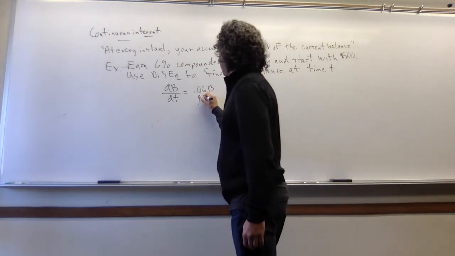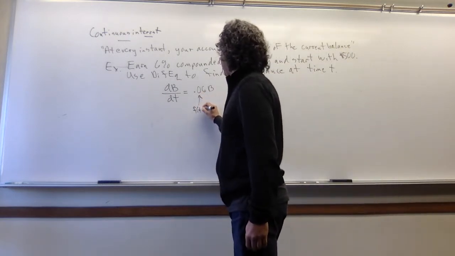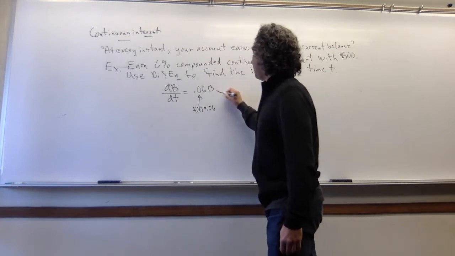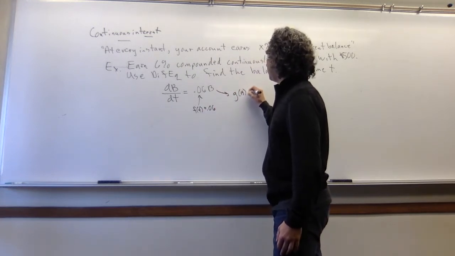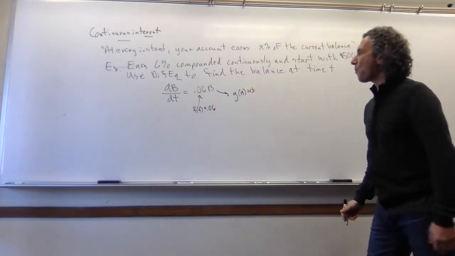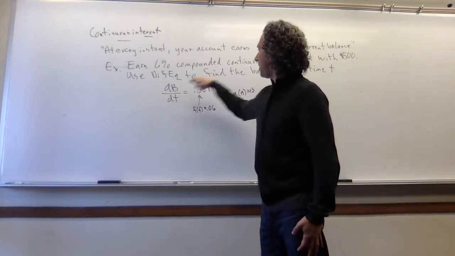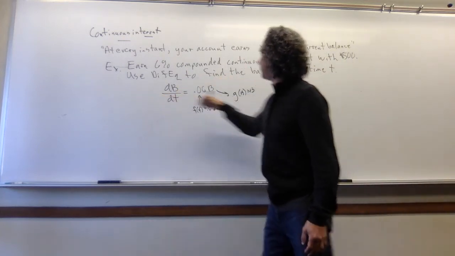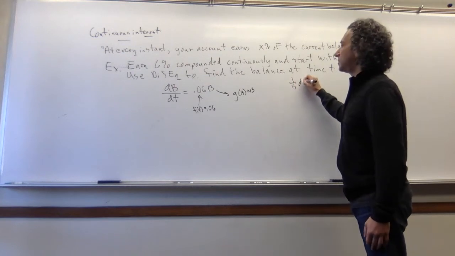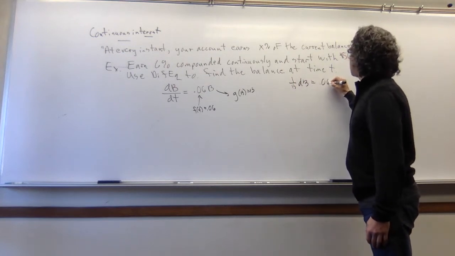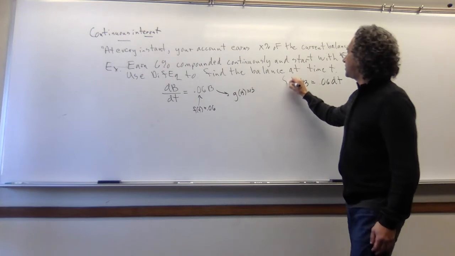Hopefully you see that this could be, for example, my function of t. This guy could be my function of b, so it is a legitimate separation of variables problem. Multiply, quote unquote, by dt, divide both sides by b, quote unquote, and then integrate.